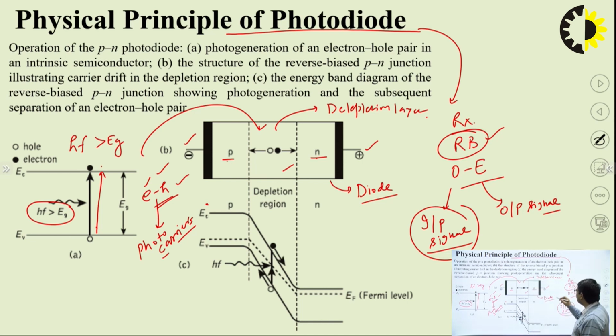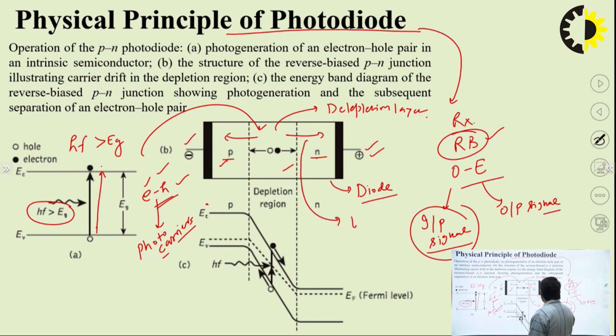Now, under the condition of reverse biasing, these photocarriers start moving, and due to their motion, a current is generated denoted by IP. This current is known as photocurrent, as it is generated because of photocarriers.